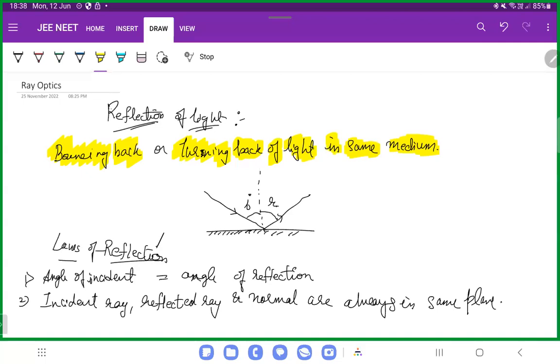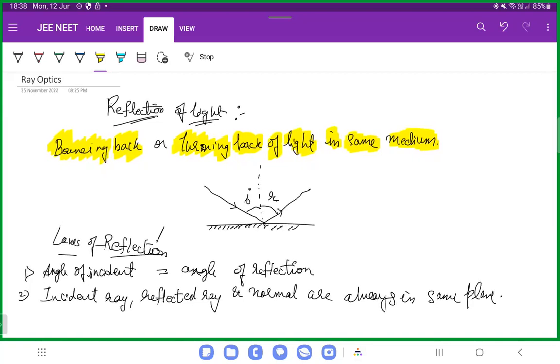When light enters, that ray is the incident ray. When light exits after reflection, it is the reflected ray. This is the base from where it is reflecting. In this one, the medium is the same. It is not changing.